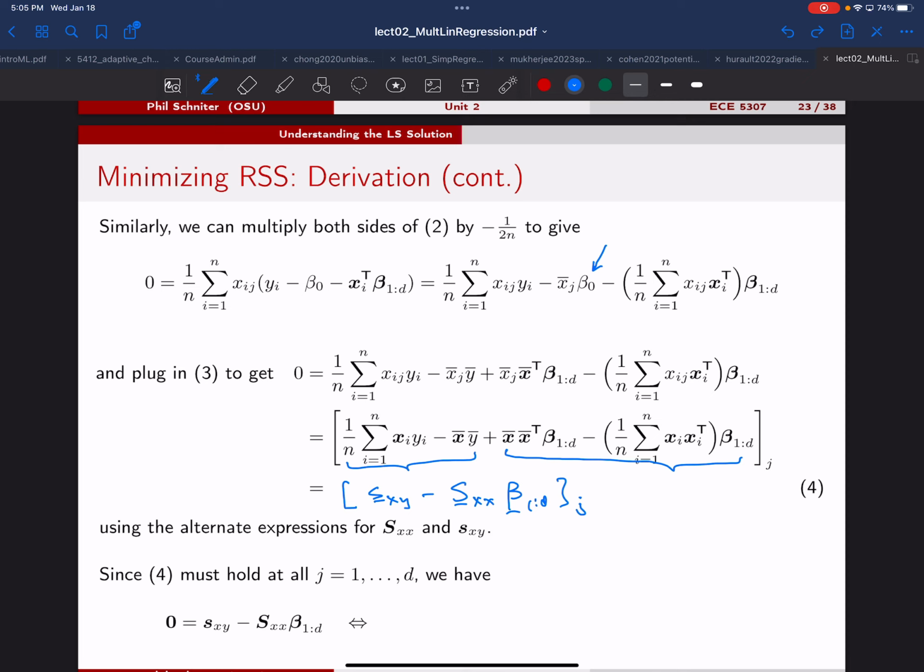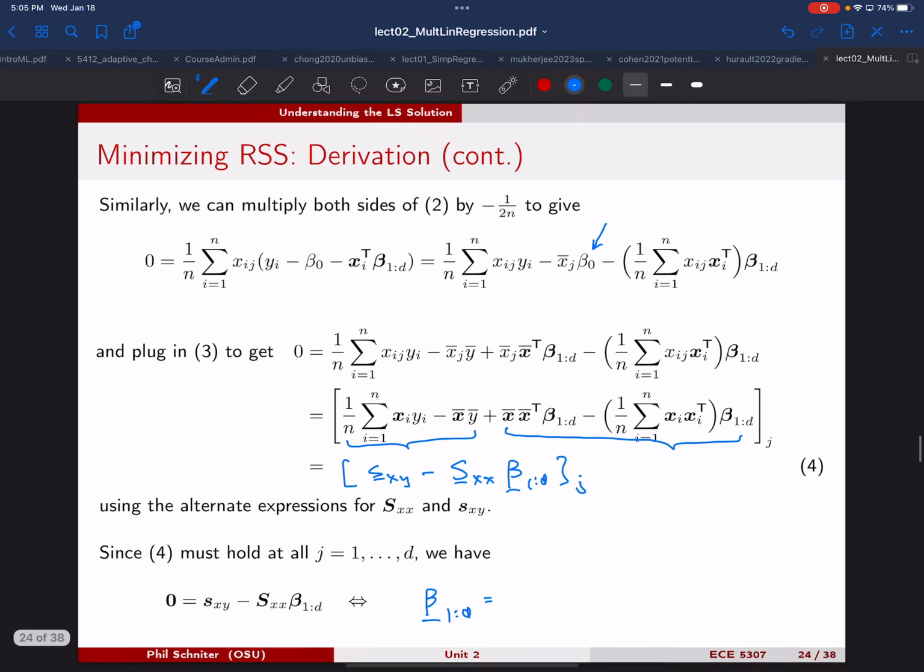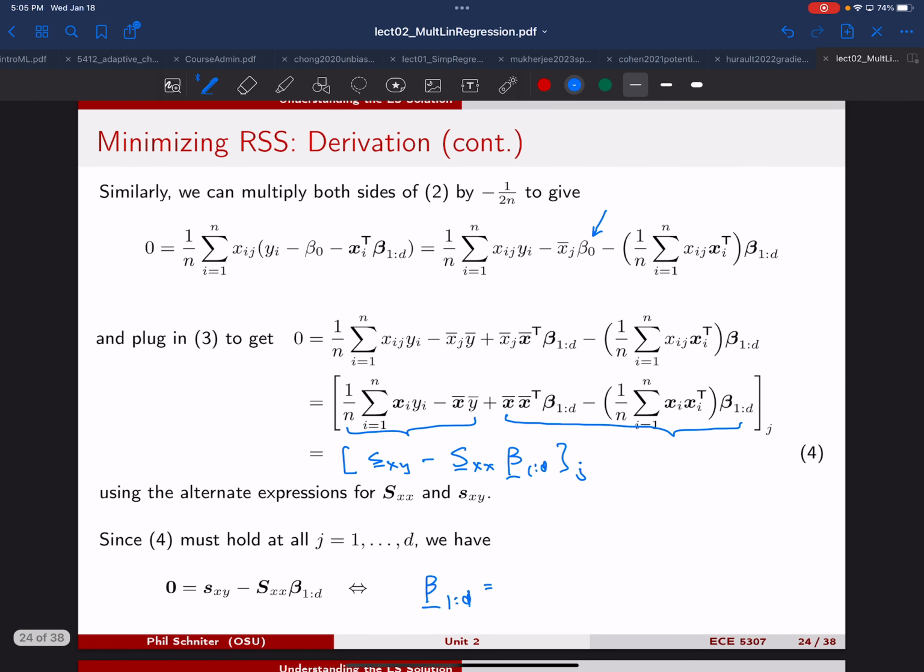If that entire vector is 0, what does that tell me about beta 1 through d? Does anybody see how to get beta 1 through d? I guess we could rewrite this. This is equivalent to SXX beta 1 through d equals SXY.